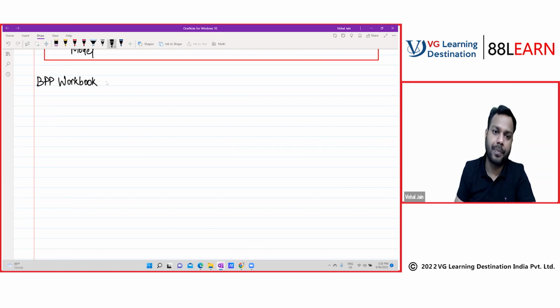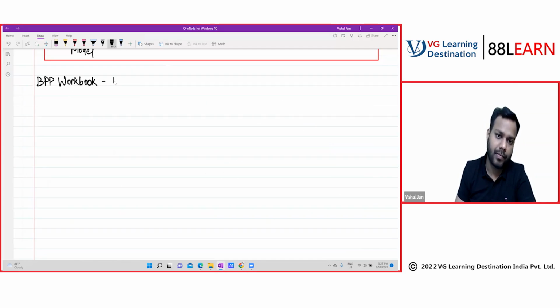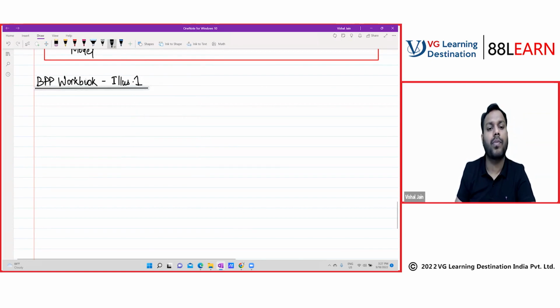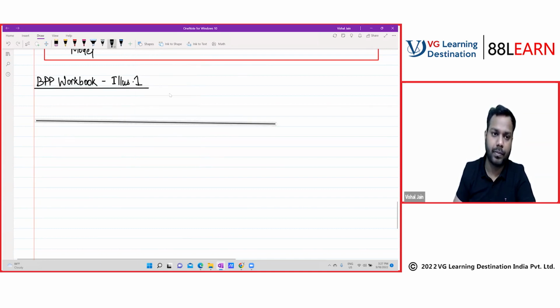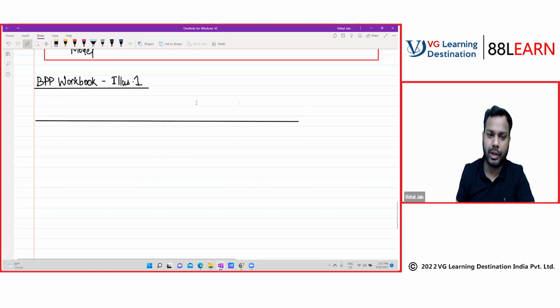If we work from the book, this is illustration 1, I believe, right? It has a year end of 30th June 2023, so the year end is 30th June X3.